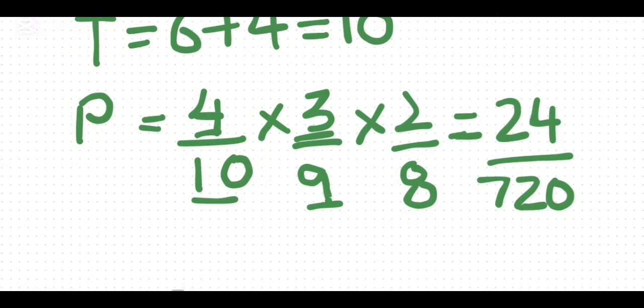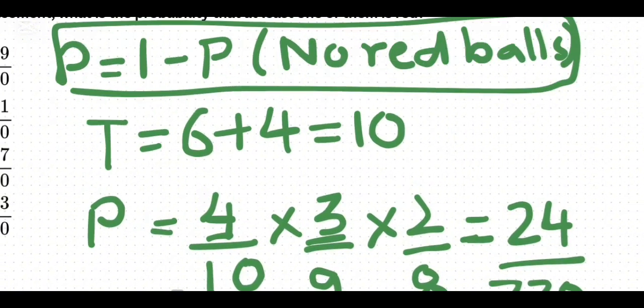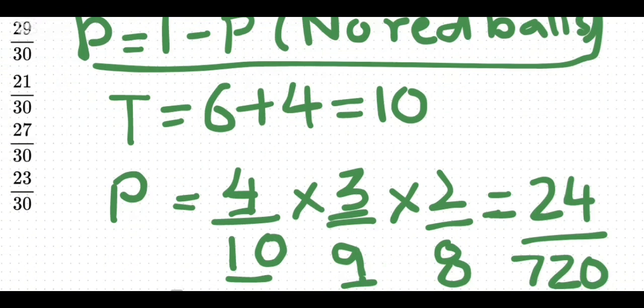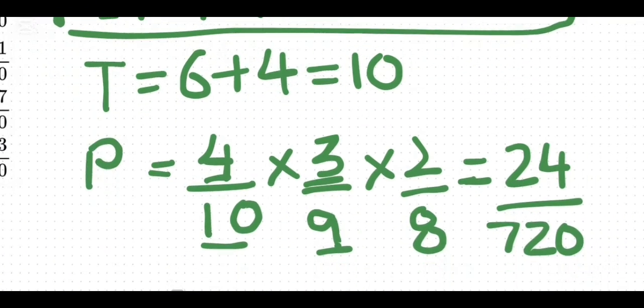And if you don't know why it reduced 3 times, if you see in the question, they are asking if 3 balls are drawn, right? That's why in the calculation it reduced 3 times.